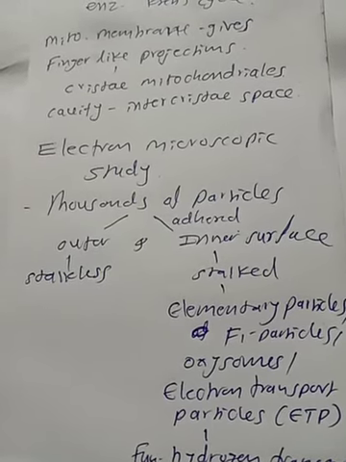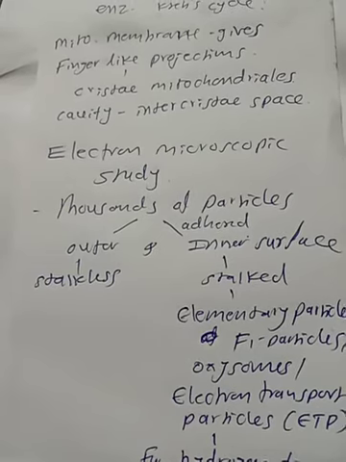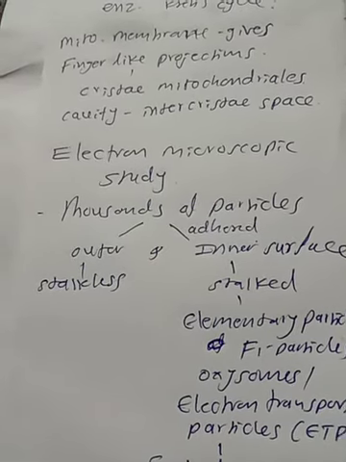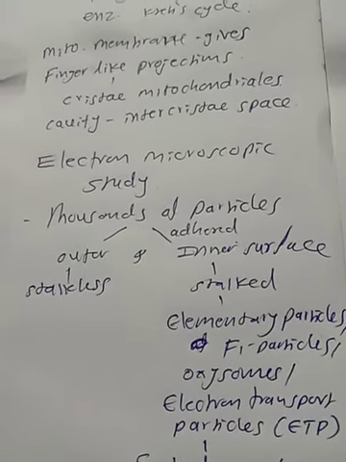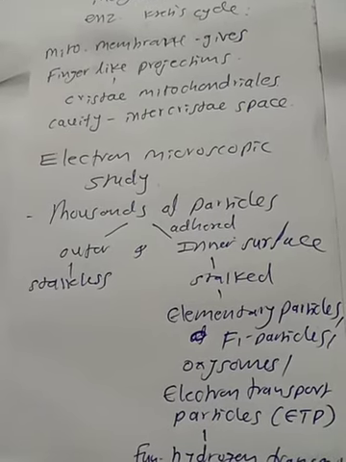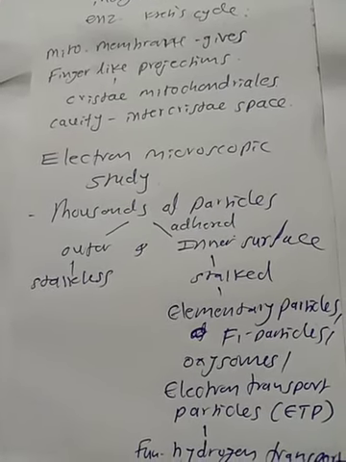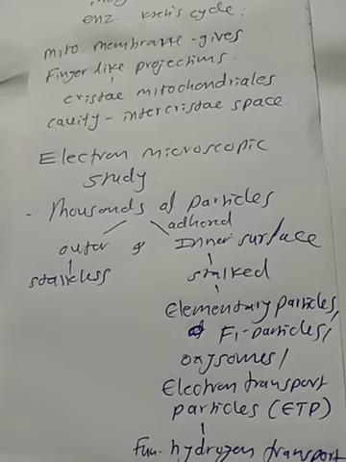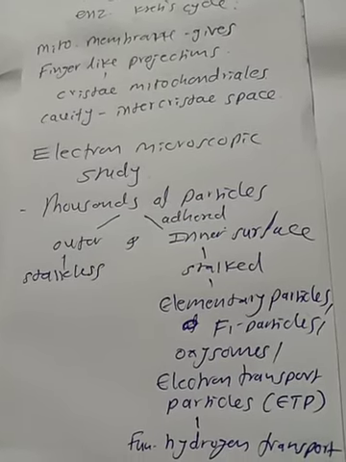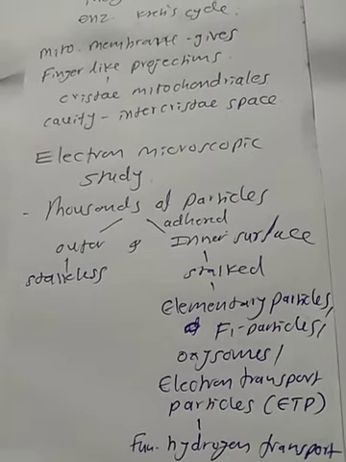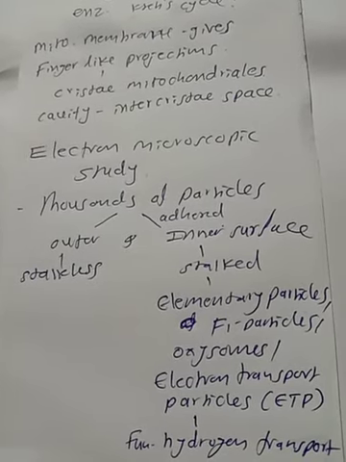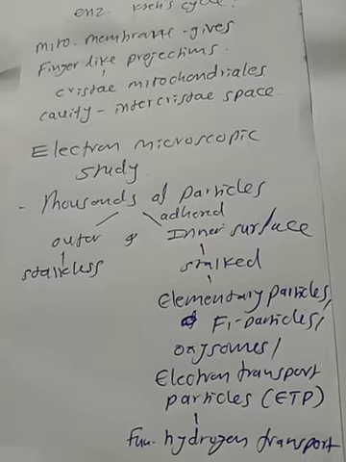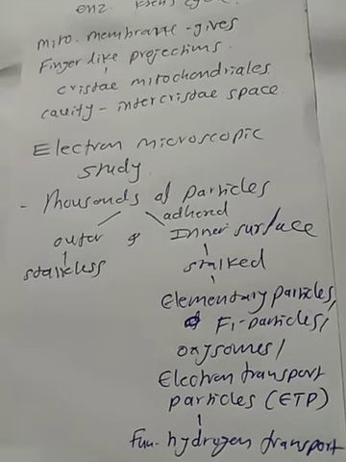The particles of the inner membrane are stalked, and these are called elementary particles or F1 particles or oxysomes or electron transport particles, that is ETP. The particles of the outer membrane are stalkless.